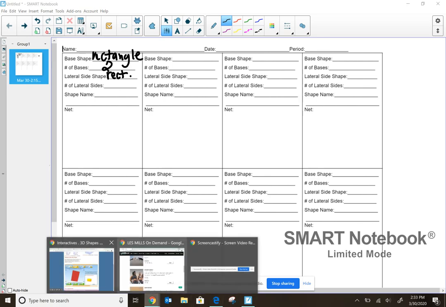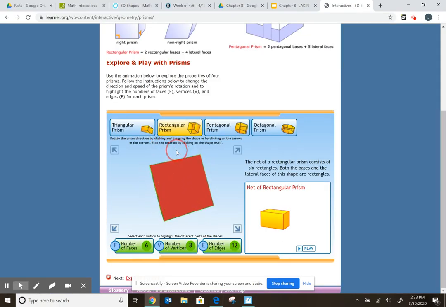The number of lateral sides in a shape is going to depend on that base. Do you see how our base right here is a square? So there's 1, 2, 3, 4 sides coming off of that base, and there's going to be a lateral face coming off of every single one of those sides. So in this shape, there's 1, 2, 3, 4 lateral sides.